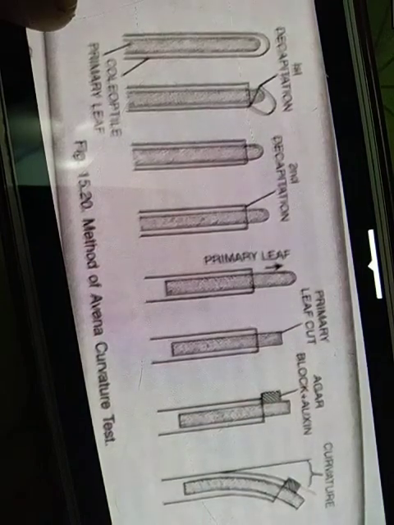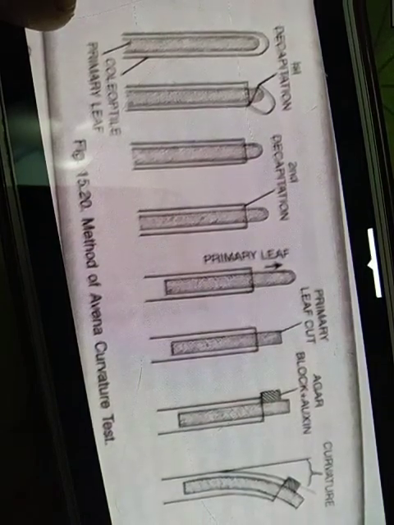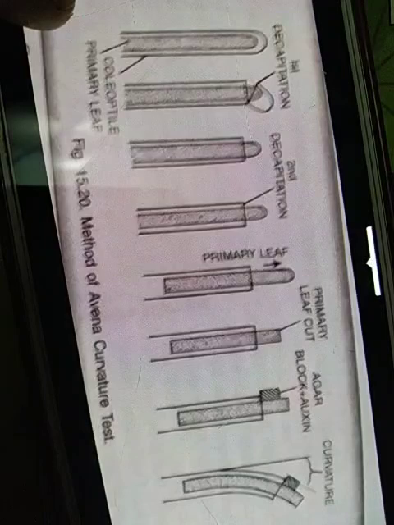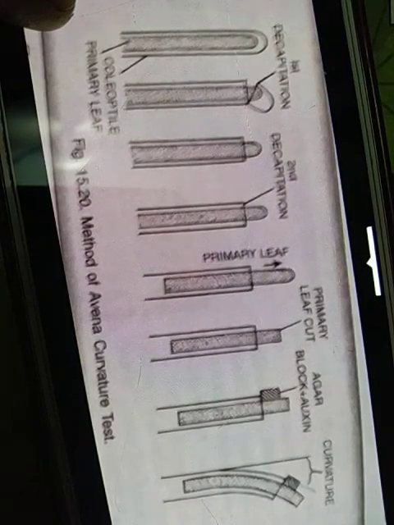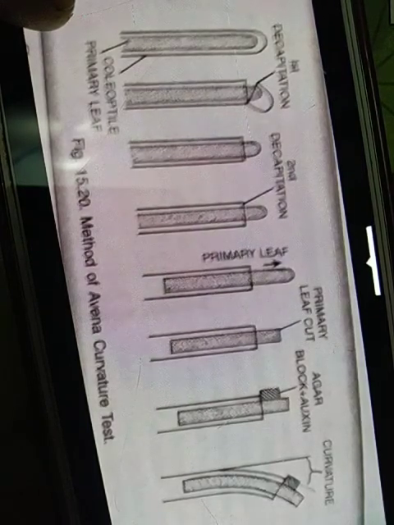Now, bioassay. It is a technique of measuring the biological activity, like growth response, of a substance by employing living material like a plant or plant part. Auxin bioassay is a quantitative test as it measures the concentration of auxin from the effect produced and the amount of effect. The first one is the Avena curvature test.